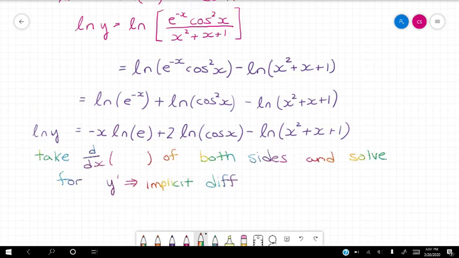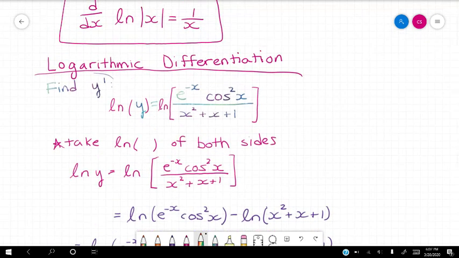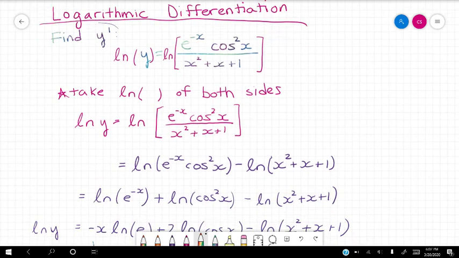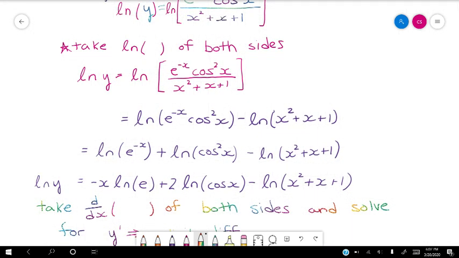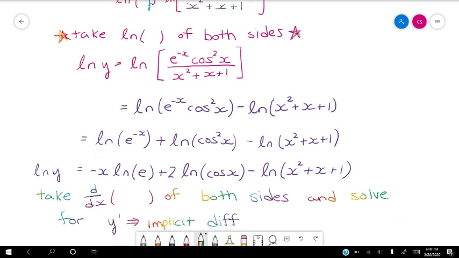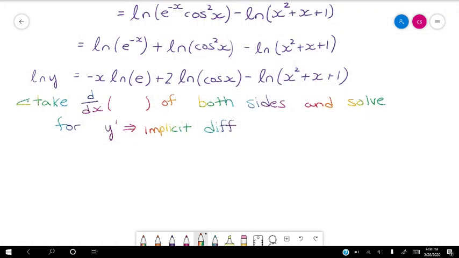Okay, so that's the process. Let me tell you what we're doing again. To do our logarithmic differentiation, you take the natural logarithm of both sides. I'll put a star right here so we see it. Separate it out. And then you take the derivative with respect to x of both sides and solve for y prime. And there you go. Okay, so that's what we're going to do. We're going to take the derivative of both sides.